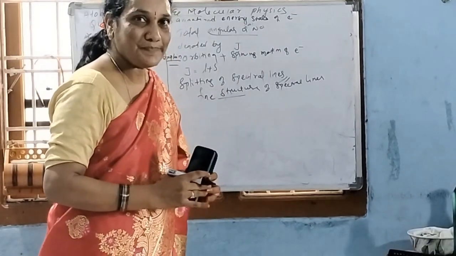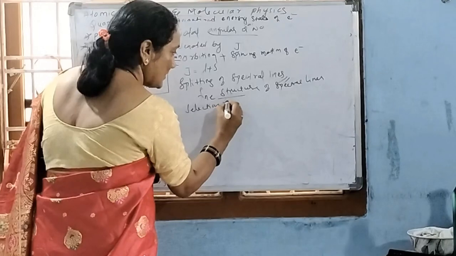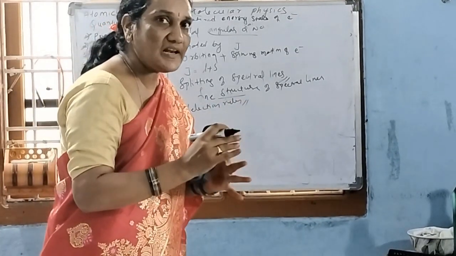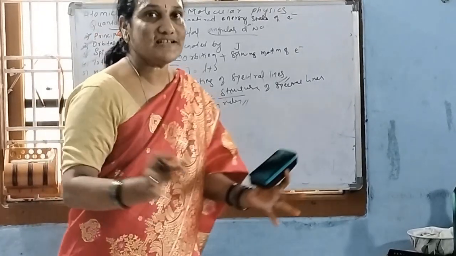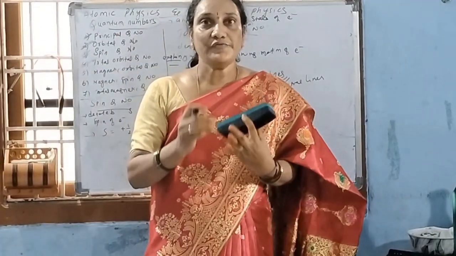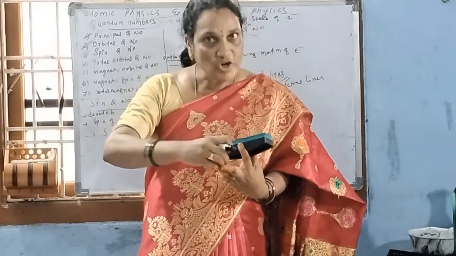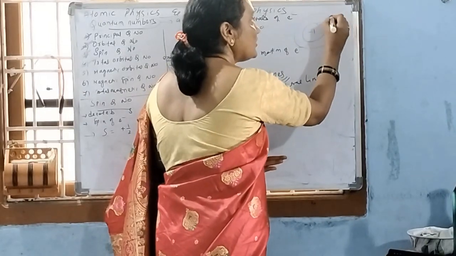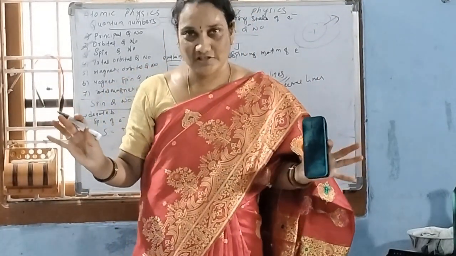So now here, it has some selection rules. Not all lines are possible. Only a few spectral lines are possible for transition. When an electron jumps from one orbit to the other orbit, not all transitions are possible.